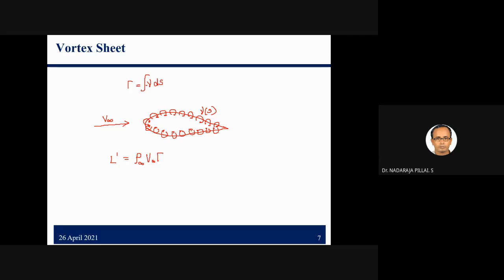So this is how we will arrive. Anyway, all this information will be very much useful for the thin airfoil theory, that we will discuss in the next class.